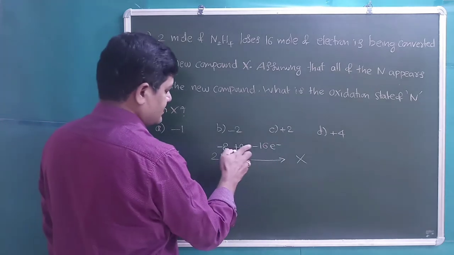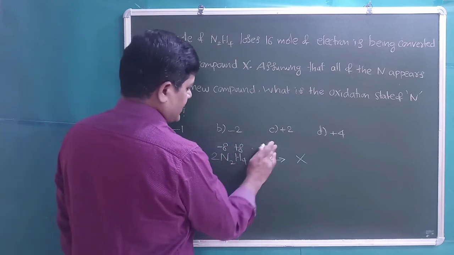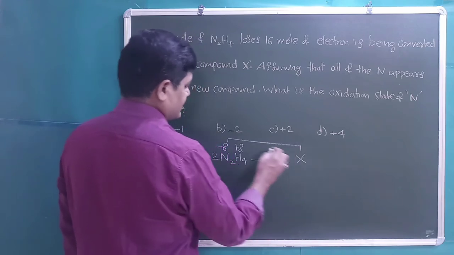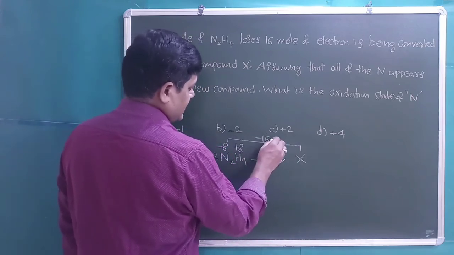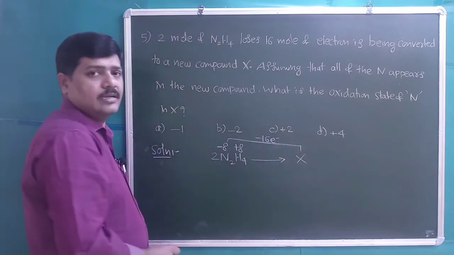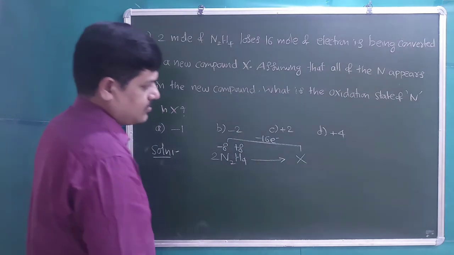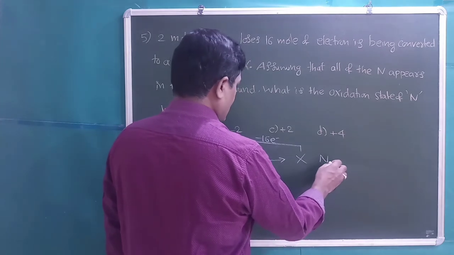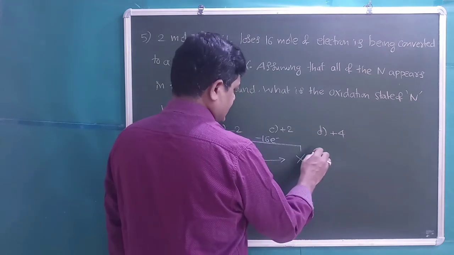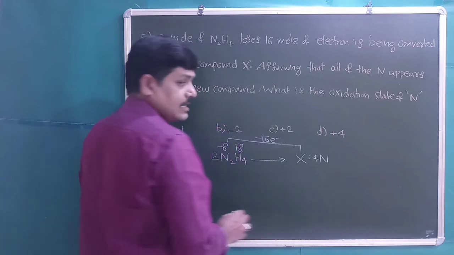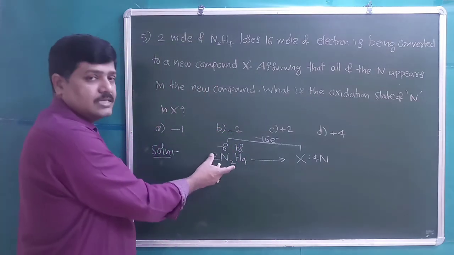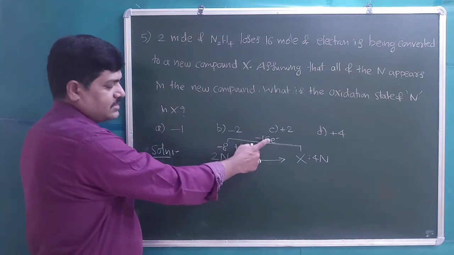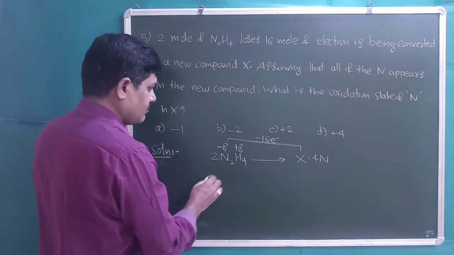They have given that 16 moles of electrons have been lost to get the compound X. Then we are getting compound X. So 4 nitrogen atoms are present in the X compound, right? Then what is the oxidation state for the 4 nitrogens? -8.